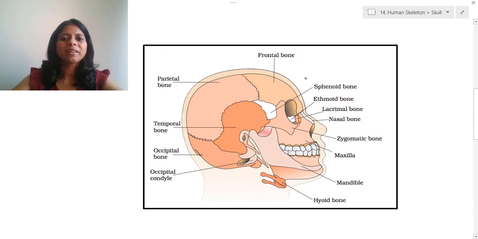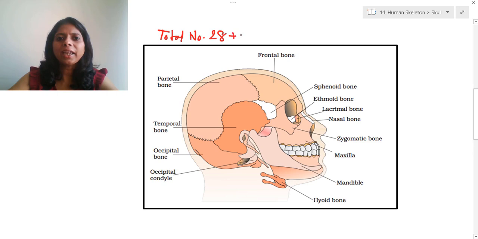Now there are many bones in the human skull. The total number of bones in our skull is 28 plus 1. Remember, I wrote 28 plus 1, not 29. Why is it so? That you will understand soon.